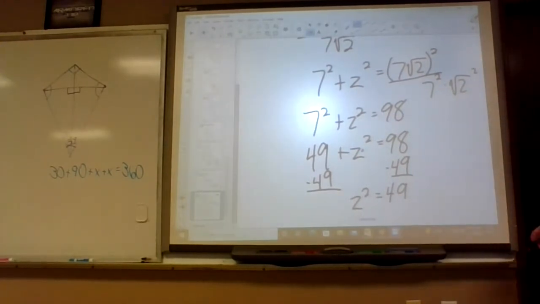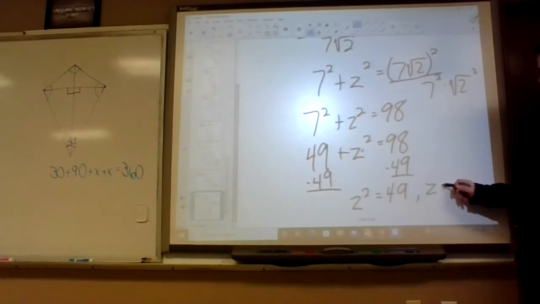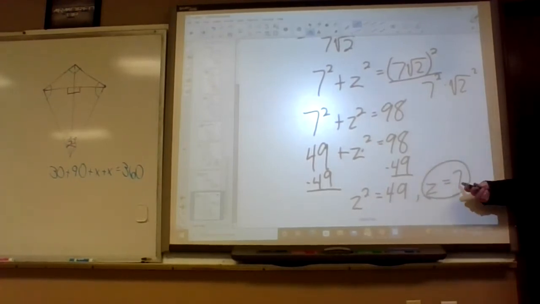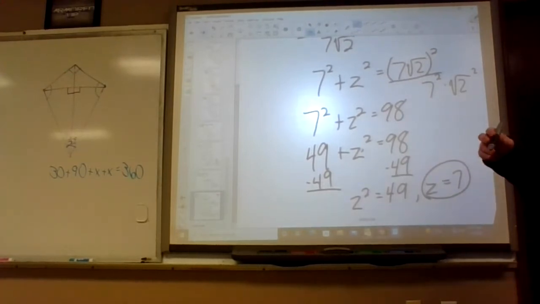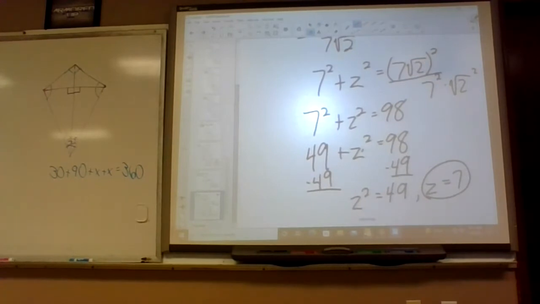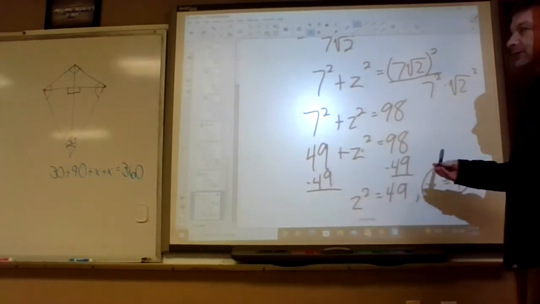So what squared equals 49? 7. Square root of 49 is 7. So every calculator can do that basic problem. It's just when the square roots don't come out nice that some calculators cannot. I will show you how to do it by hand, although it's just much easier to do it with the calculator.